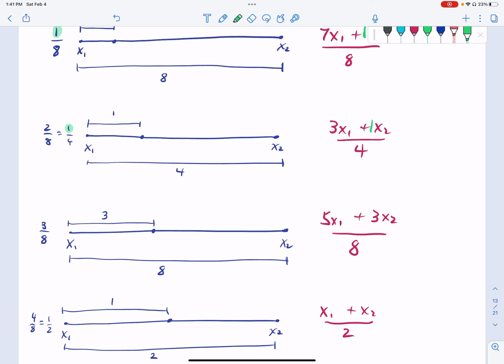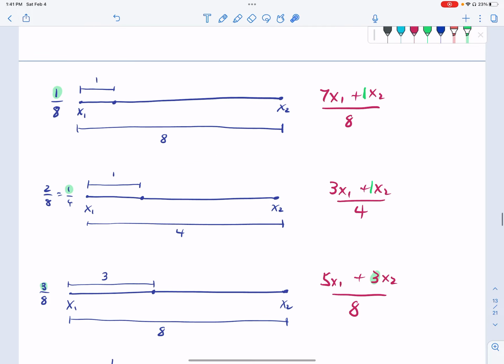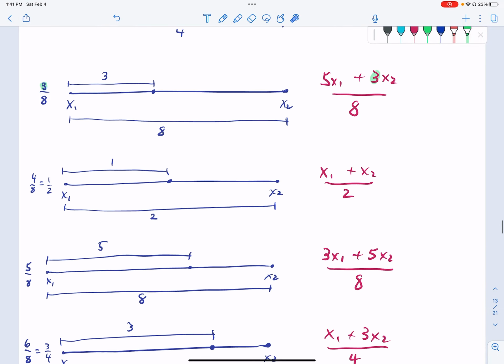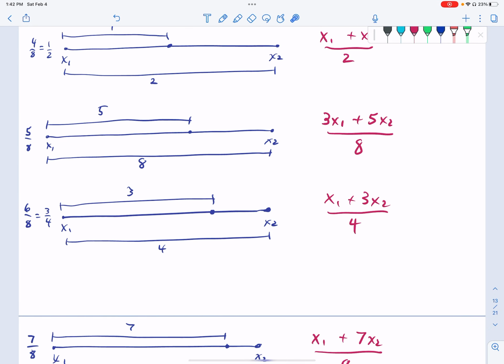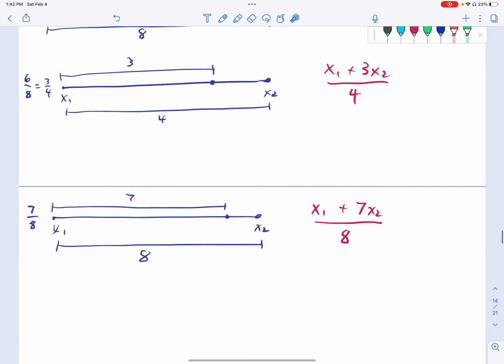Yeah, this one's obvious, not implied. There's the 3, here's the 3. Look at our fractions: 3/8, 1/4, 1/8. Let's keep going down. This is 1/2, this is 5/8, this is 3/4, and notice that what's getting the fractional weight, the part that we're looking for, is the x2 coordinate. And then finally 7/8.